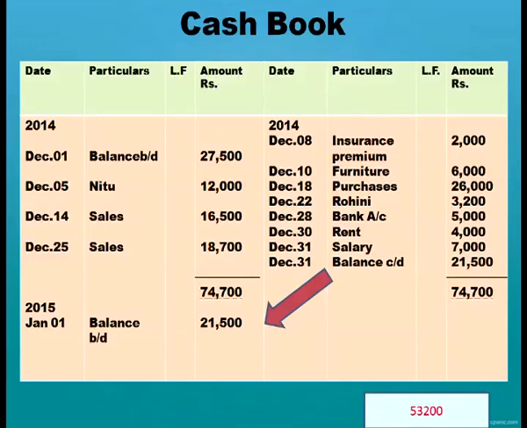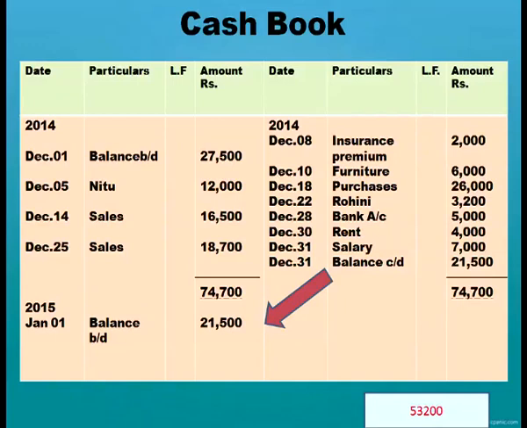In the particulars column, what will you write? You have to write balance carried down. And the date will be the last day of that particular month, December 31st. There, December 31st, balance carried down 21,500. This amount will be brought down at the beginning of the next month, or here, next year.